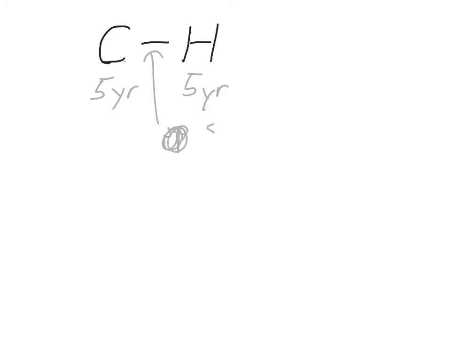And if they share equally, the distribution of electrons is going to be equal, and no poles will result. No partial positive or partial negative situations will exist when the electrons are shared equally.